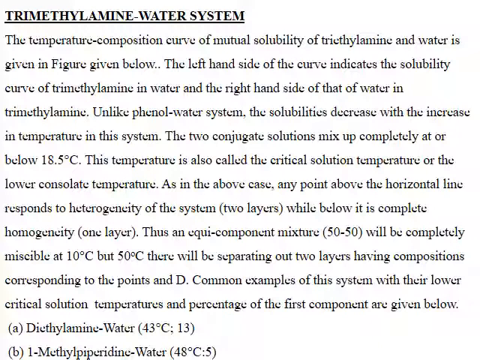Thus, an equicomponent 50-50 mixture will be completely miscible at 10 degrees centigrade, but at 50 degrees centigrade there will be two separate layers having compositions corresponding to the points C and D. Common examples of this system are also diethylamine water, and 1-methyl piperidine and water.